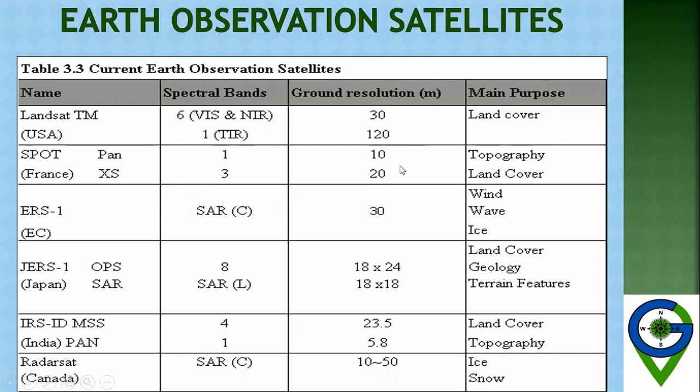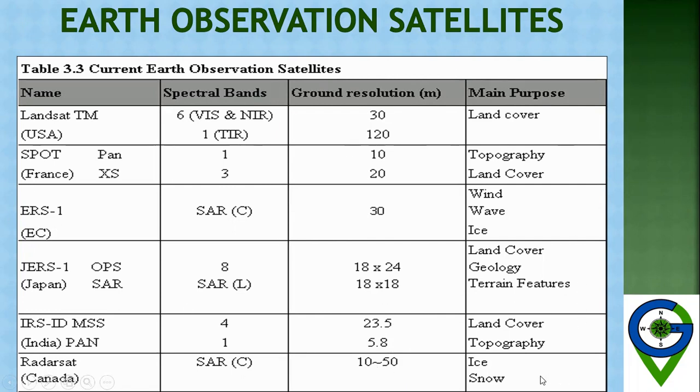Spot resolution is 10 to 20 meters. ERS has a resolution of 30 meters. JERS-1 has a resolution of 18 by 24. IRS MSS of India has resolutions of 23.5 meters and 5.8 meters, this is for LISS-3 and this is for LISS-4 sensors. And RadarSat has a resolution between 10 to 50 meters.